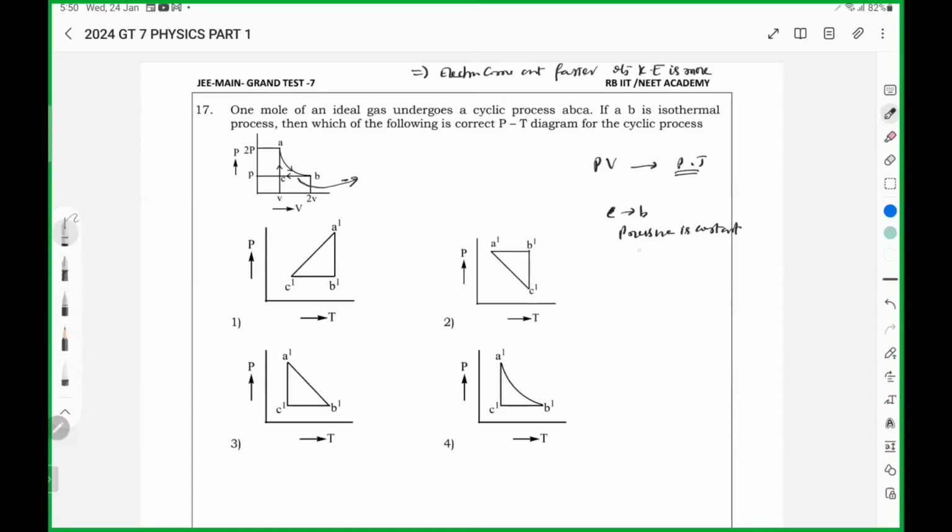So when pressure is constant, how are volume and temperature related? Here pressure is constant, nR is constant, so volume will be proportional to temperature.